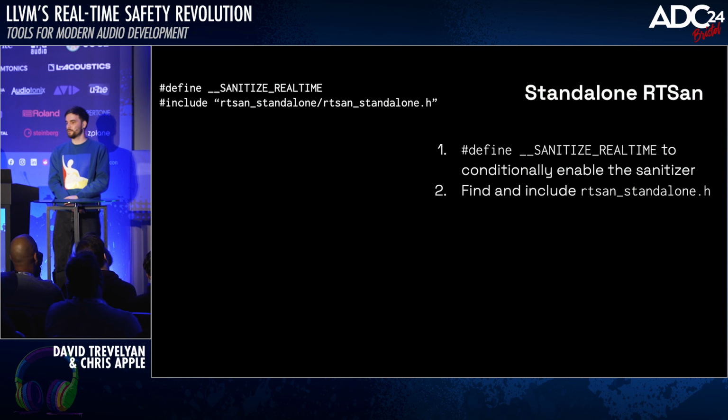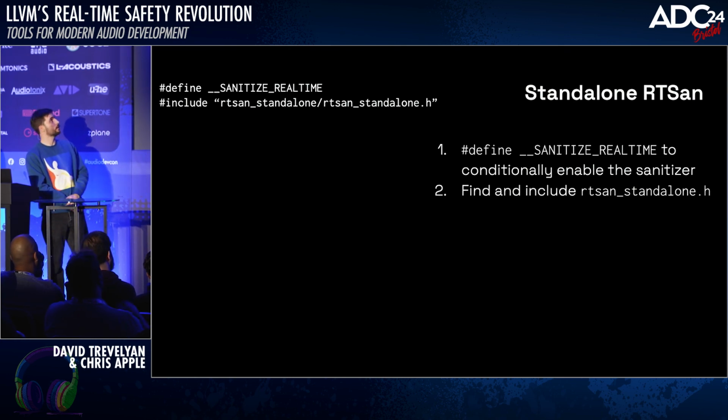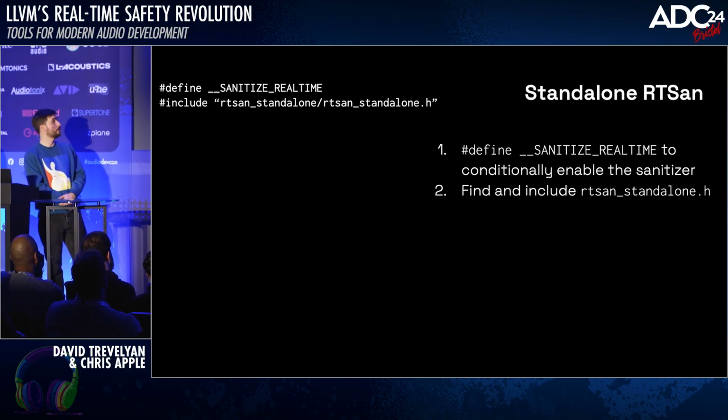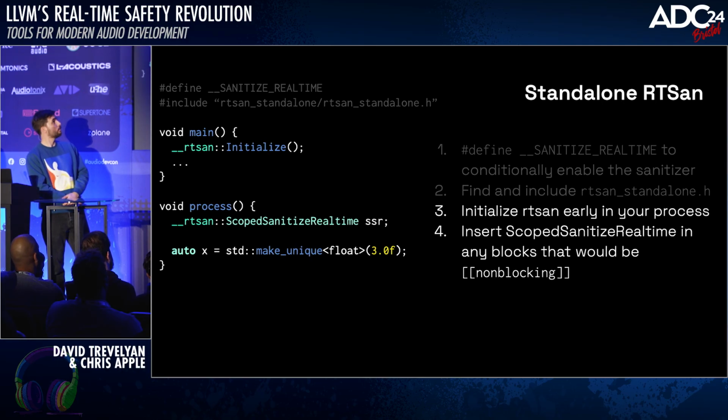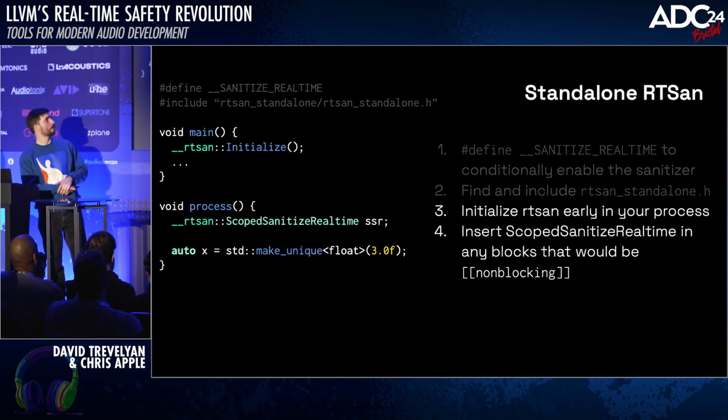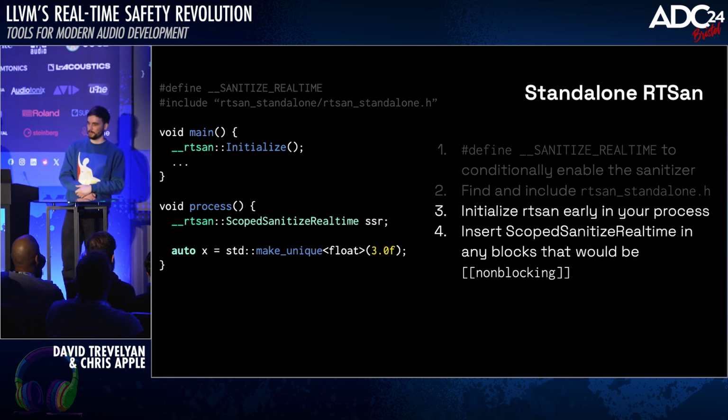So what you're going to do is go to the helper repo and download our RTSan standalone header and conditionally define this macro to conditionally enable it. From there, you'll need to initialize RTSan early in your process before any non-blocking calls happen. And anywhere that you would have put the Clang non-blocking attribute, you can instantiate one of these RAII objects here, scope sanitize realtime, and that will effectively do the same thing.